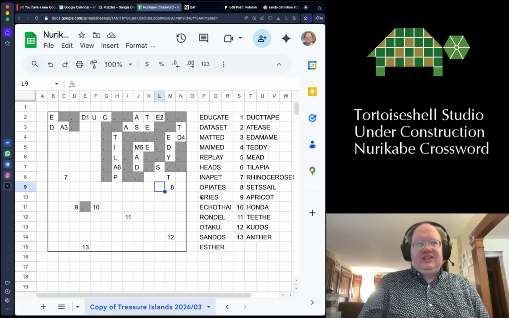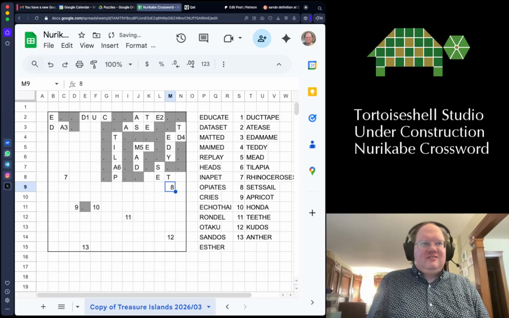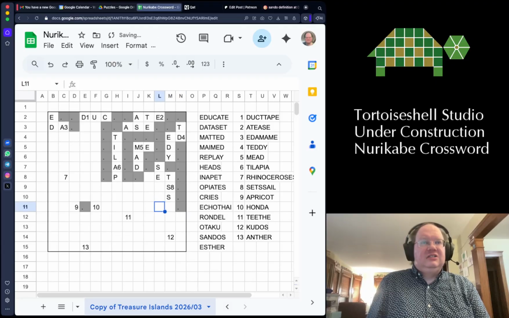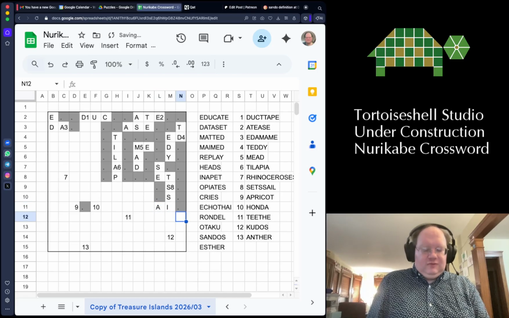And we also can only get the S from cries. So in order to connect them all, it has to go like this. S8, S, dot, dot, dot, dot. And then in order to get the AI, it has to go like that. Dot. And then we have the L somewhere.